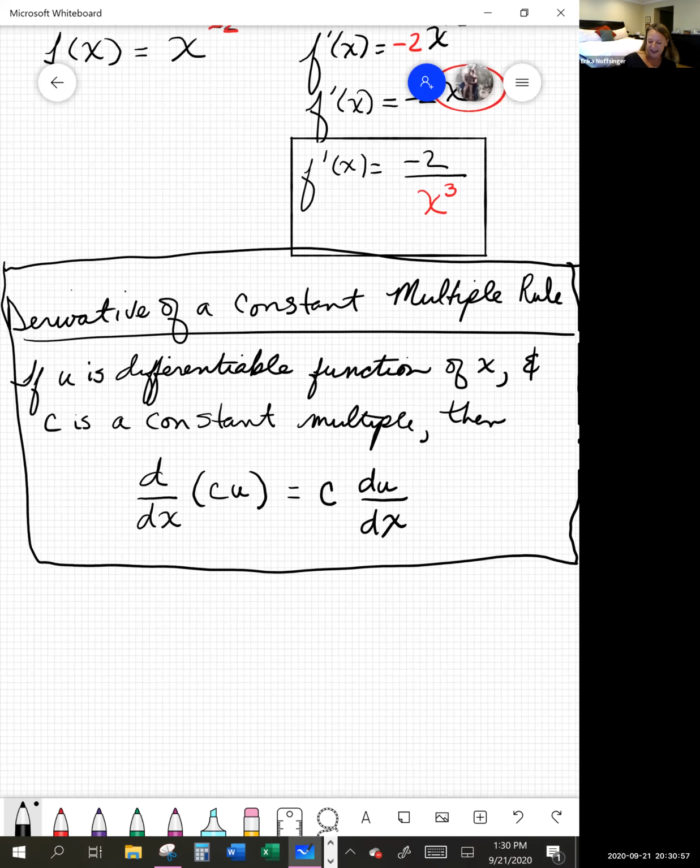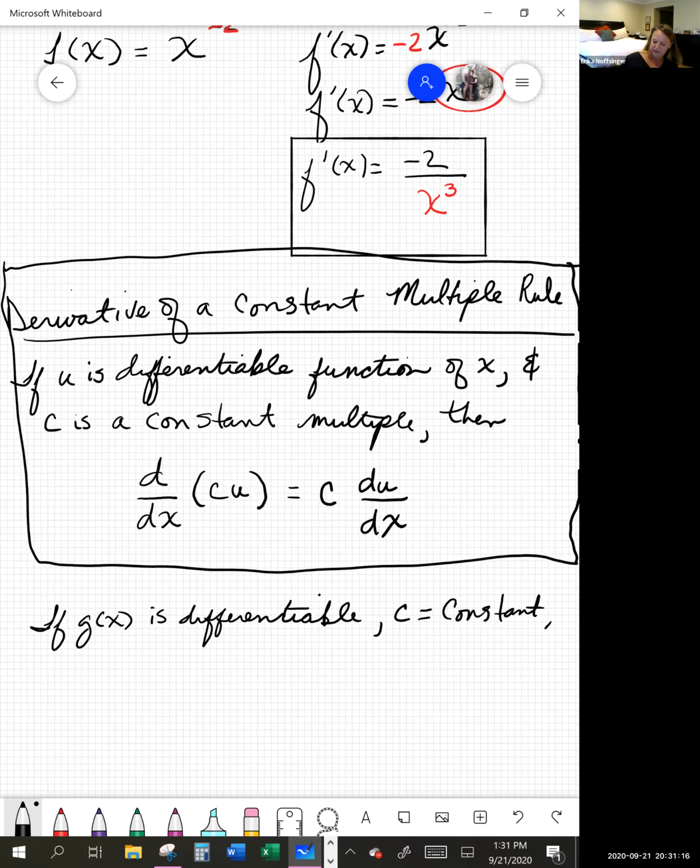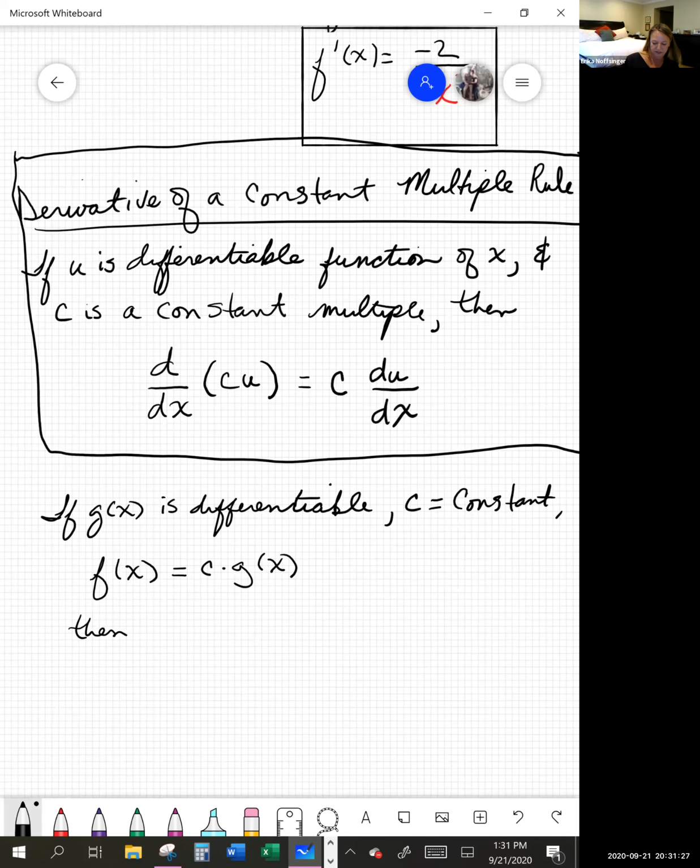I would have just said, hey, if g of x is differentiable, c is a constant, and let's say your function f of x is equal to c times g of x, then if I took the derivative of f of x, f prime of x, this is equal to c times g prime of x.